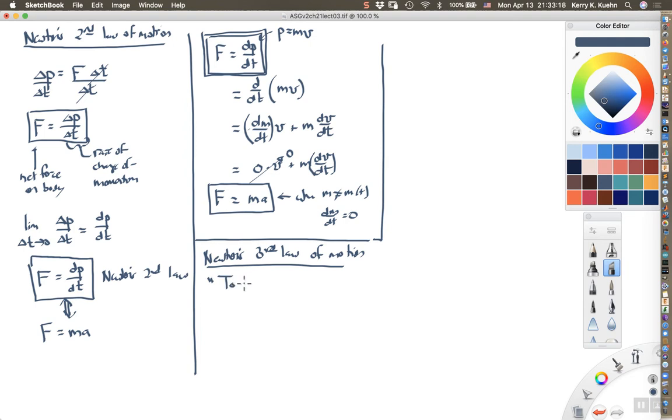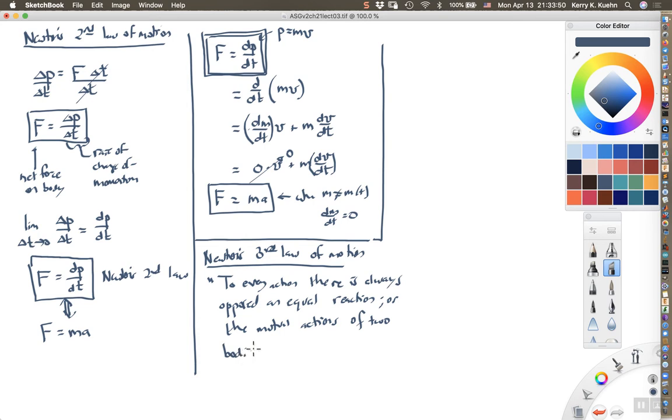So to every action, there is always opposed an equal reaction, or the mutual actions of two bodies upon each other are always equal, and directed to contrary parts.